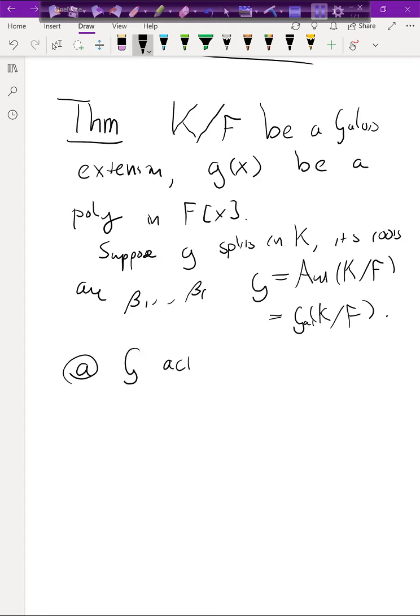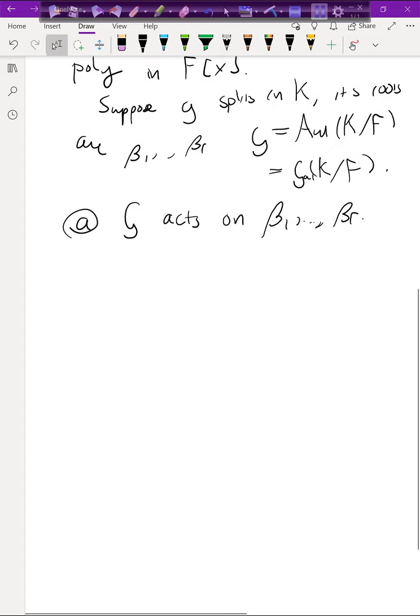G acts on beta 1 through beta r. And there's really nothing to prove here. G is just going to send those elements to each other.